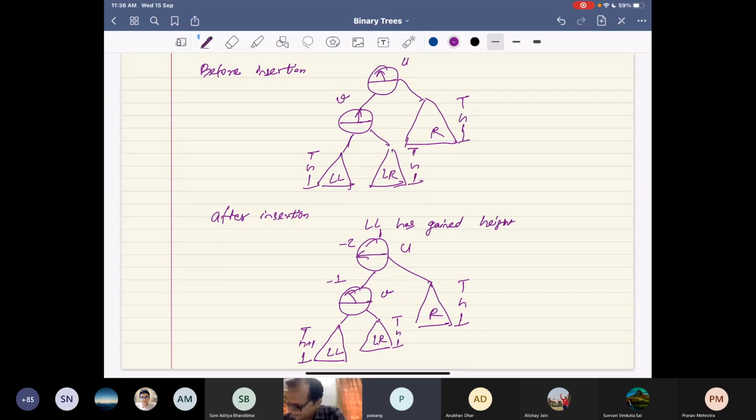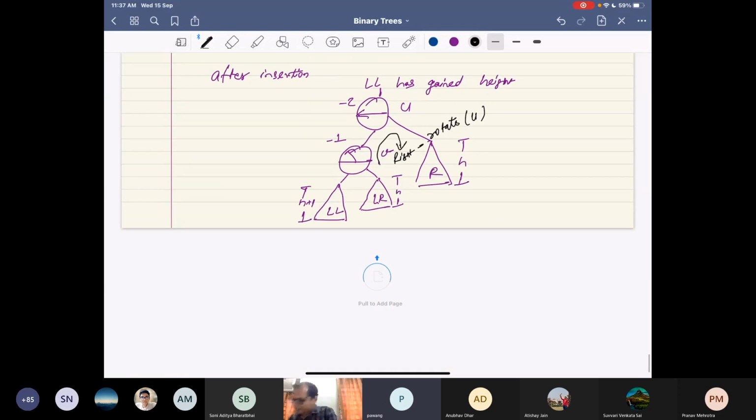I rotate it towards the right, because the right subtree is smaller, I want to give something to the right subtree. Right rotate with U. What does that mean? What will this do? It will bring V to the root of this subtree, and U will become its right child. But where will other things go? Let's see what happens in this rotation.